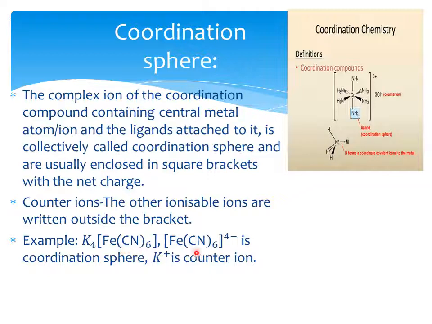This [Fe(CN)6] 4 minus is the coordination sphere, but the K plus ion is called the counter ion. That is the element which is present outside the complex, either on the left hand side or the right hand side. So any element that comes after the complex is called a counter ion. The central metal ion along with the ligands enclosed inside the bracket, with the net charge, is called the coordination sphere.